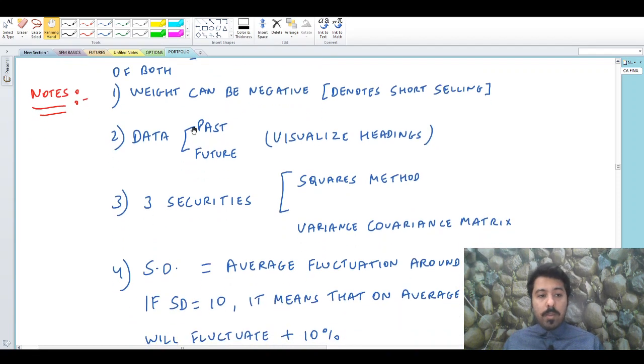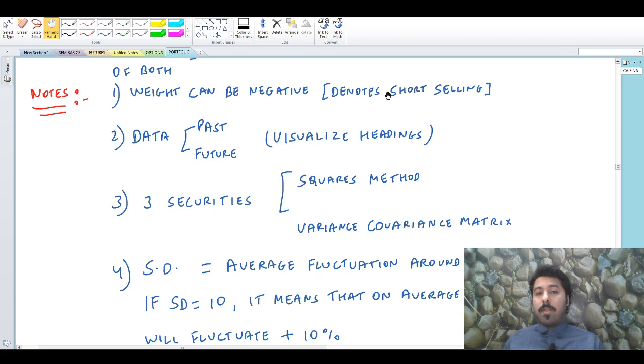And we have some notes. First, weight can be negative, obviously, like you have 80 and 20, 0.8, 0.2. This can be a weight, but you can also have negative weights. Okay, weight can be negative.